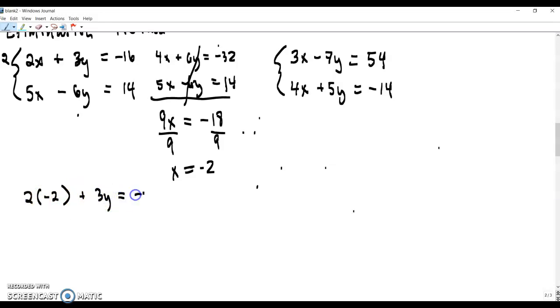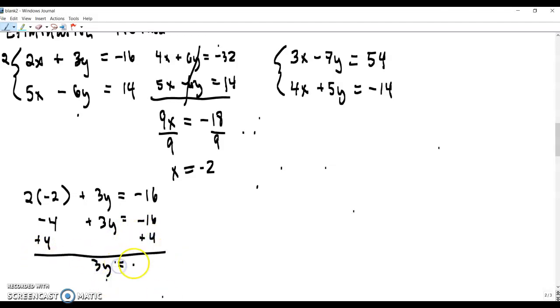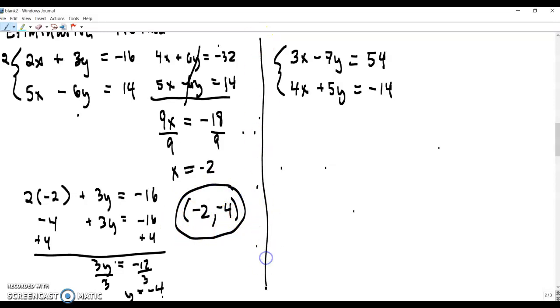Use parentheses anytime you plug anything in. And solve. So y equals negative 4. So my solution, negative 2, negative 4.